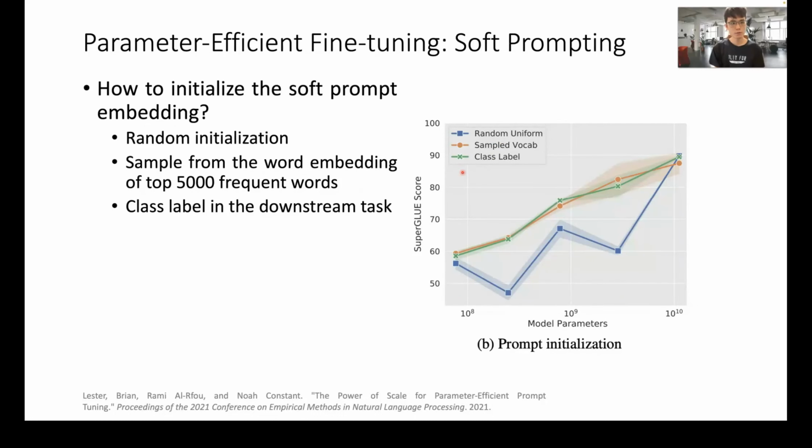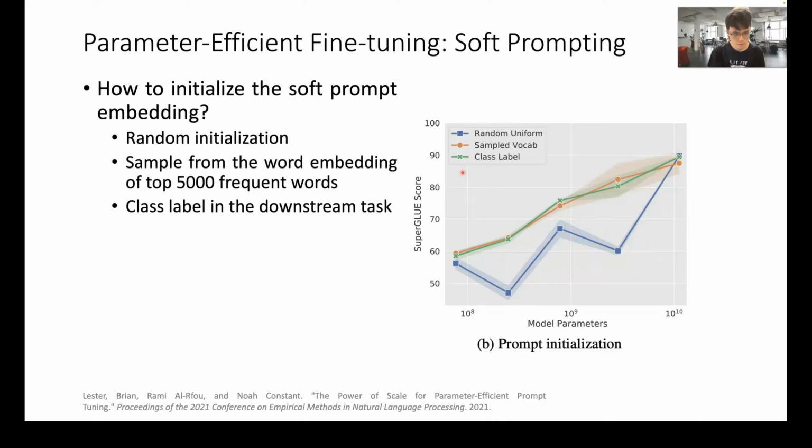The next question we want to answer is how to initialize the soft prompt embedding. And there are 3 different initialization methods proposed in the original work. The first one is random initialization. So it's just randomly initializing the soft prompt embedding using a uniform distribution. And the second method is to sample from the most frequent 5,000 words in the vocabulary and use their word embeddings to initialize the soft prompt embeddings.